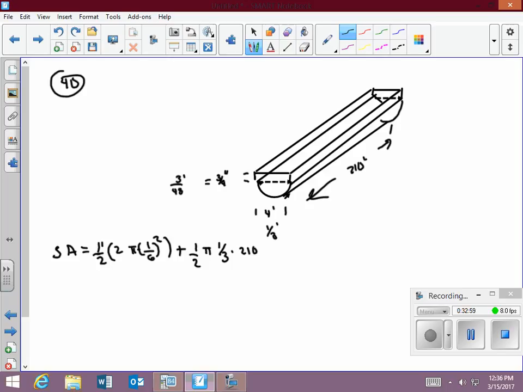Then we have to take 2 times the rectangular going along the side, so that's 3/48 times 210, plus 2 times the height, which is 3/48, times 1/3, right?